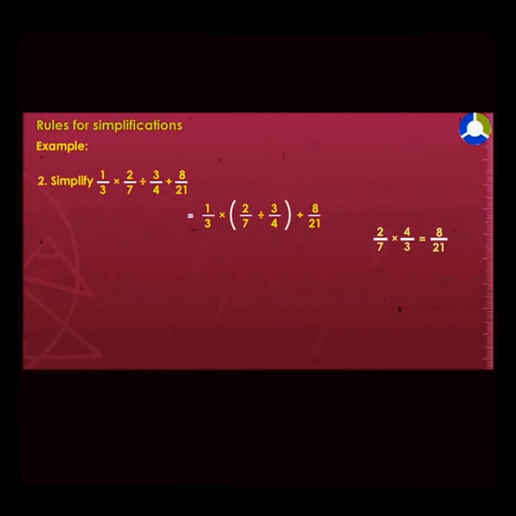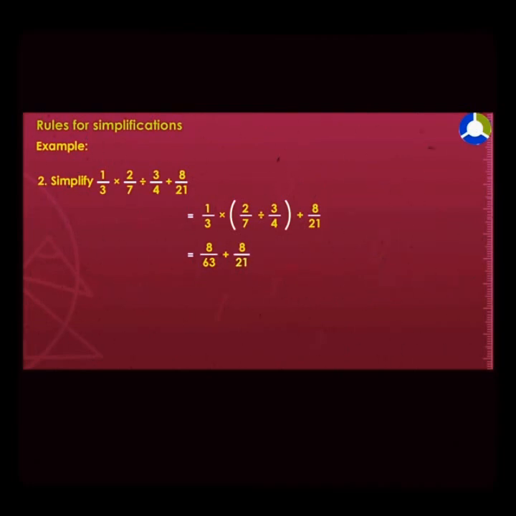And then multiply 8 by 21 into 1 by 3, which is 8 by 63. Then add 8 by 63 plus 8 by 21.